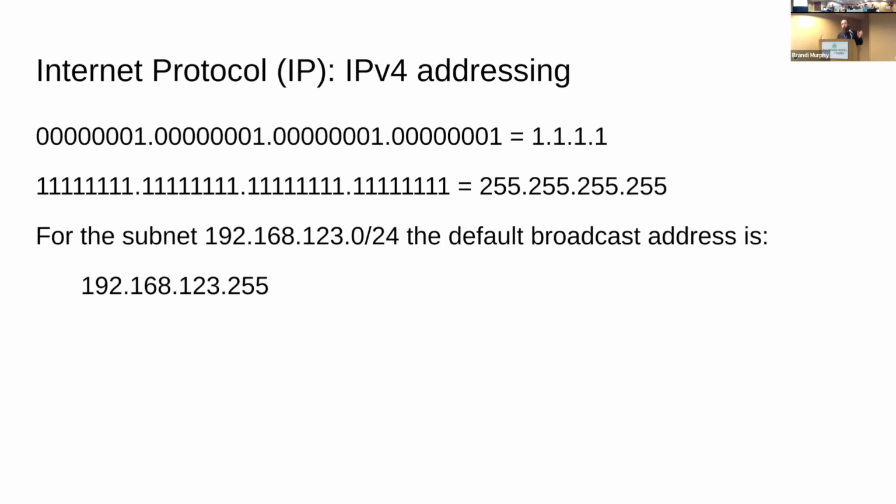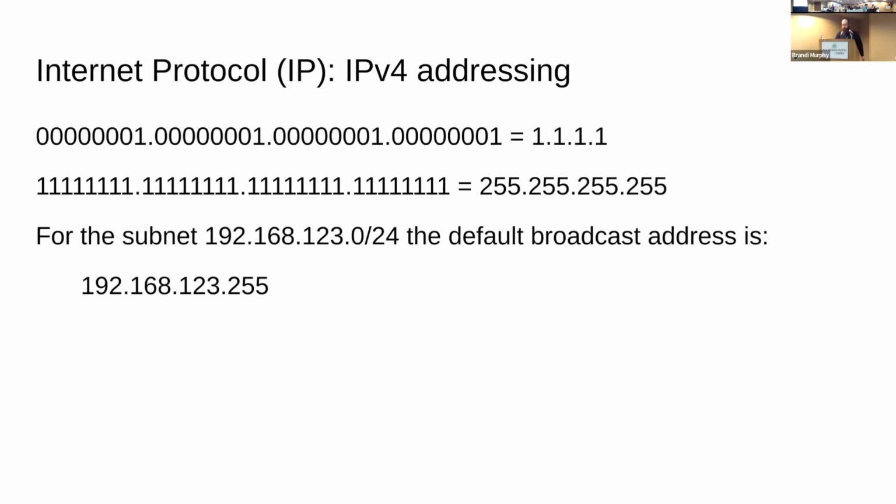So this is the very first one, and for most intents and purposes, you can't use it. And then the very last one, in this case, because it is a /24 subnet masked subnet, that last IP ends with the 255. That is what's called the default broadcast address. If you send a packet with that address, it will actually be replicated and sent to everyone.